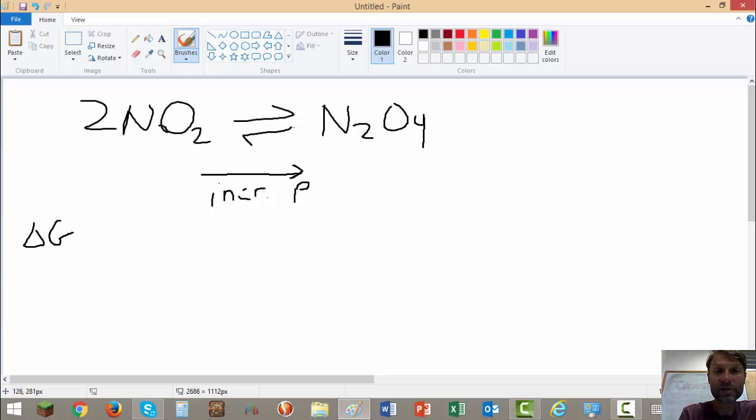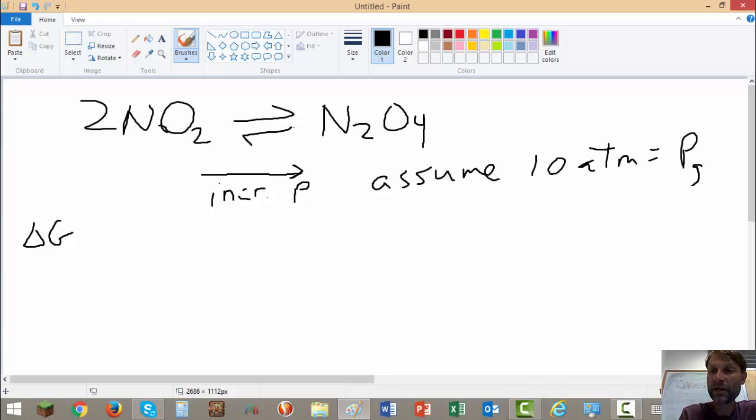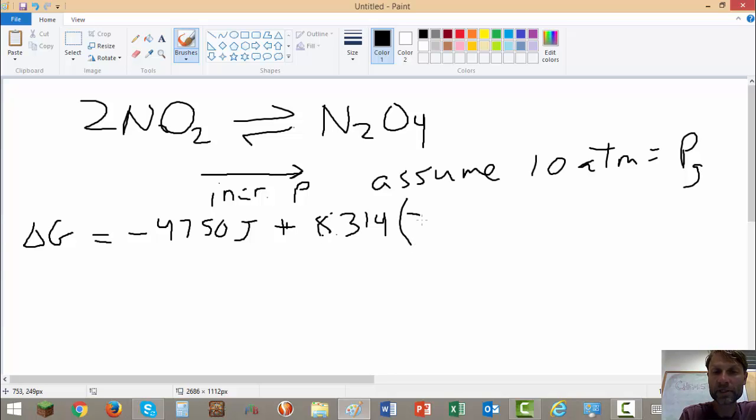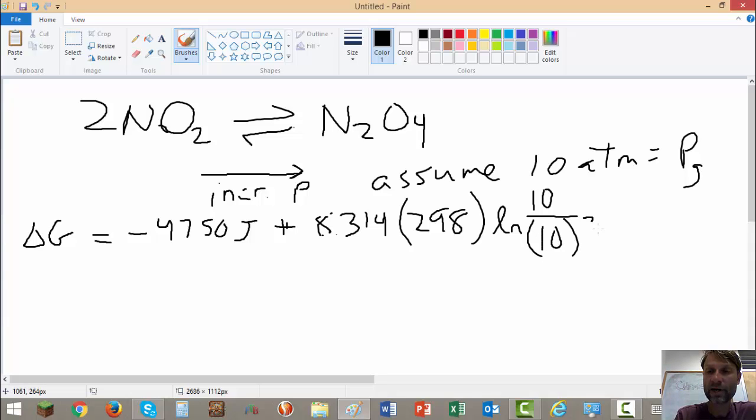So delta G, let's assume 10 atmospheres of each, P of the gas, and we'll calculate a new delta G. That's going to be equal to delta G0, which from before is minus 4750 joules, plus 8.314 times 298 times the natural log of the partial pressure of the product, which is 10, over the partial pressure of the reactant, which is 10 squared.